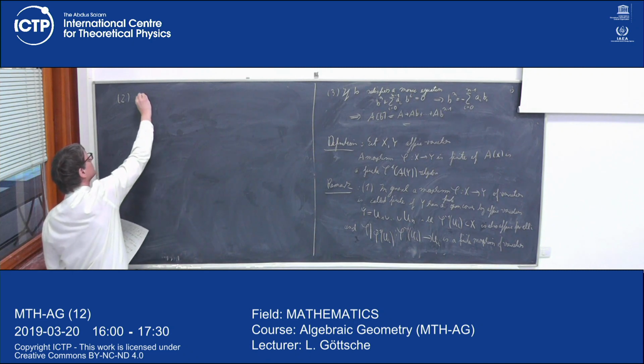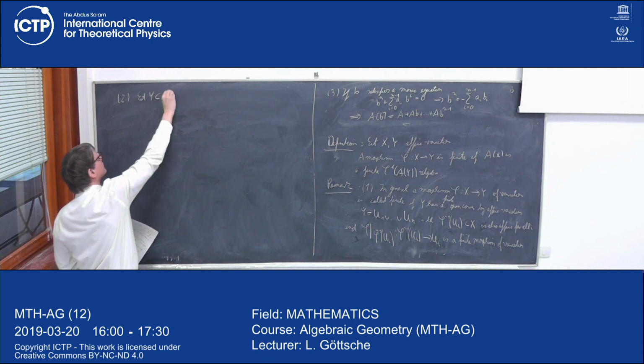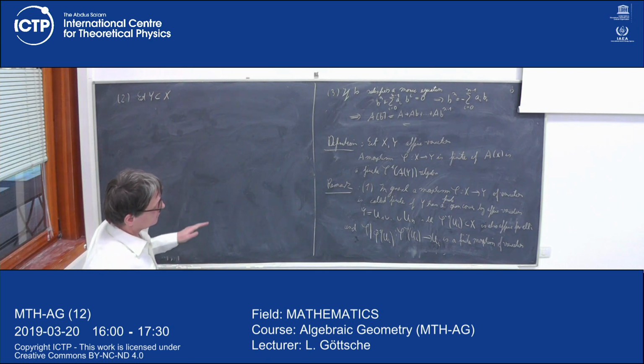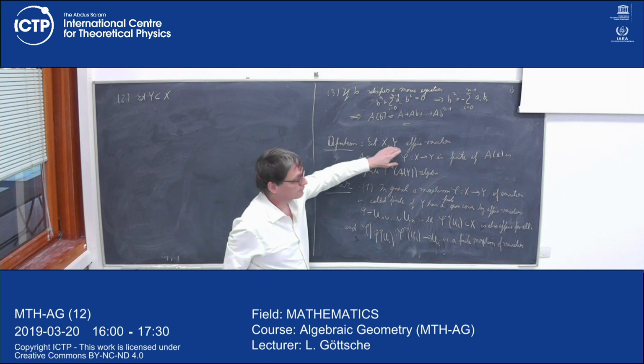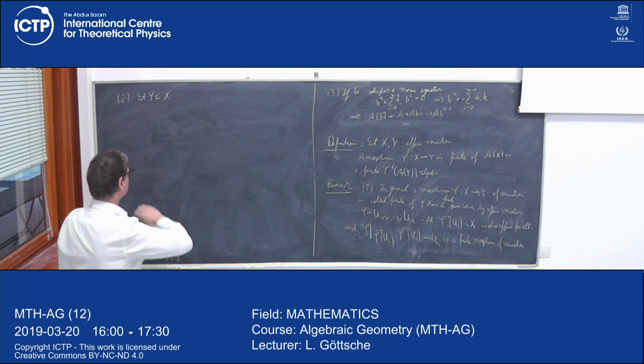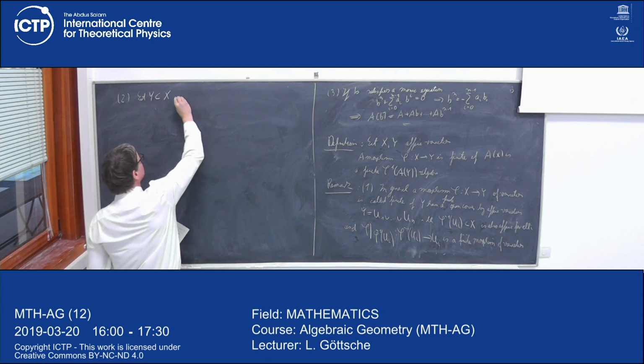So the first one is that Y in X be a closed. So now X and Y, we assume we are in an affine situation, so X and Y are both affine. I could also say a closed subvariety.